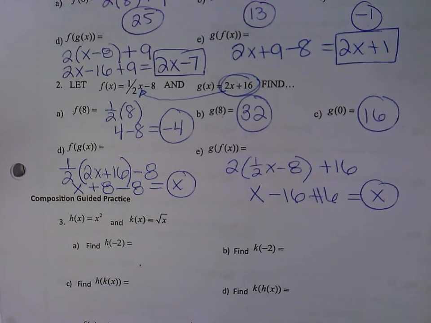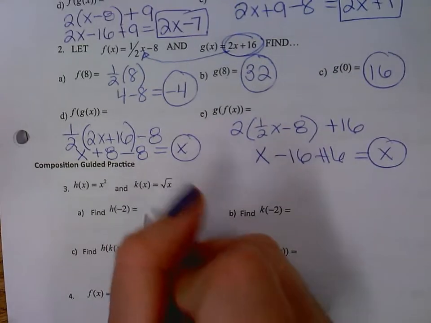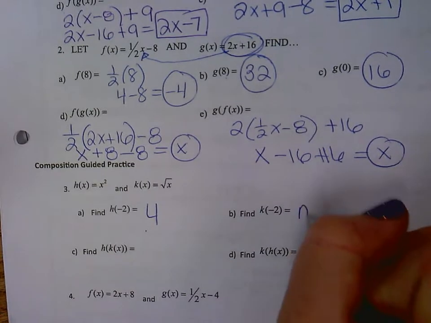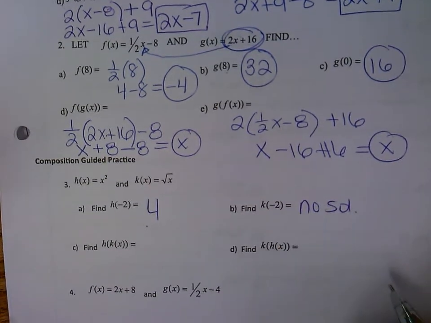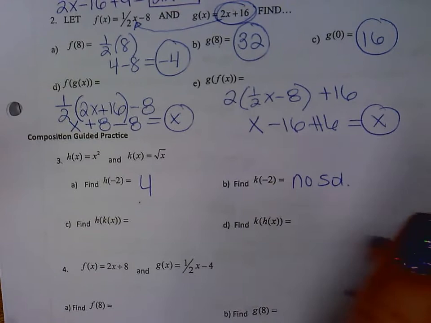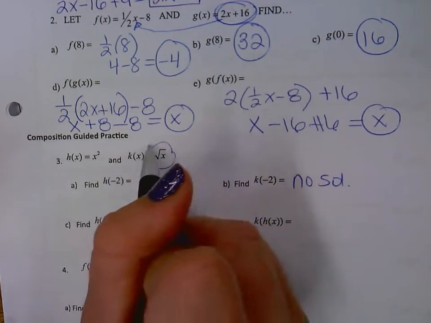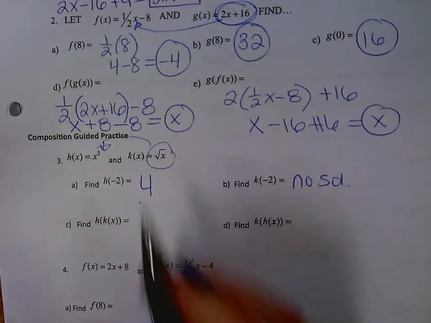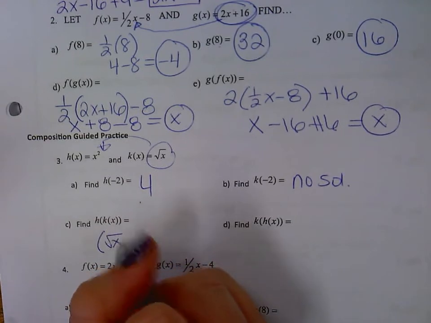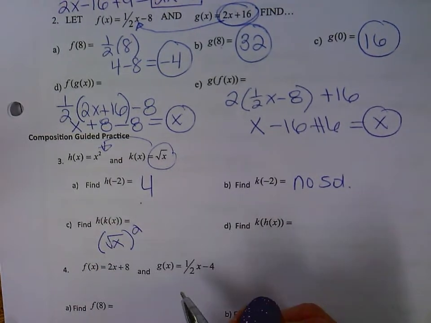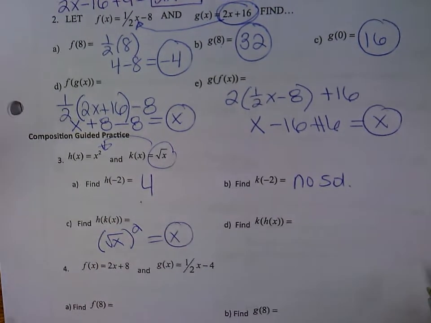Okay, I want to go over those two. So take one more minute. So you got +4 for 3A, and you got no solution, right, for 3B. Sound good? So let's see. If I take the square root and plug it in and square it, aren't I taking the square root of x and squaring it? So those would undo each other, and you would just have x, right?